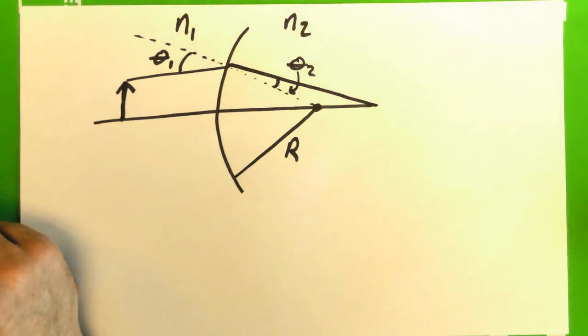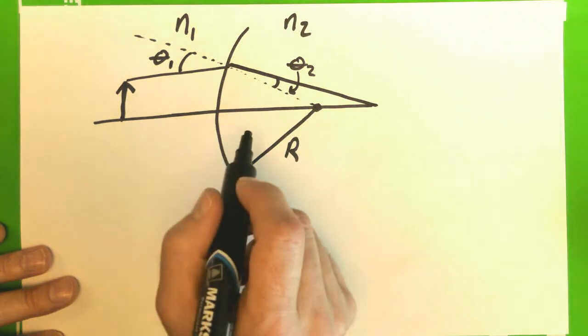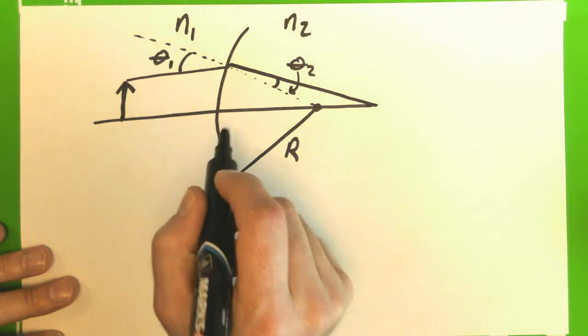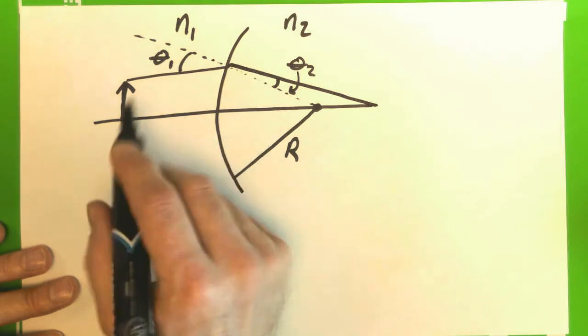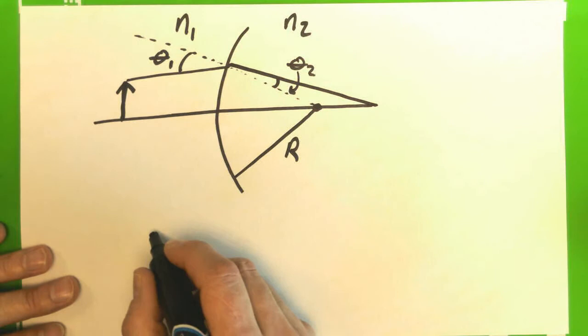Now, that's a lot of math. That's a lot of geometry. And let me skip to the chase, and we'll use some good physical descriptors to understand what the result tells us.